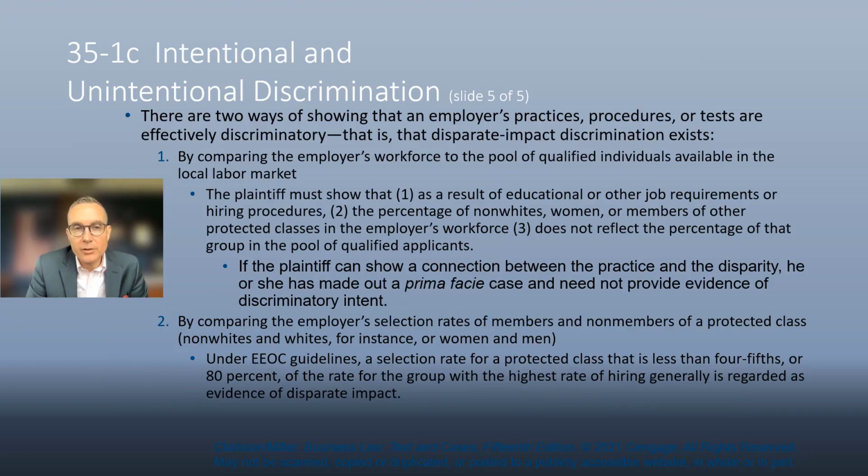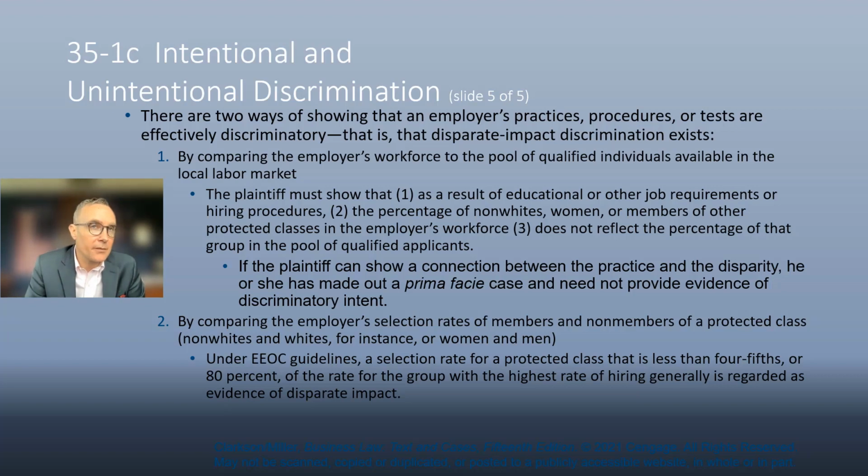So for this unintentional discrimination, there are essentially two ways of proving this up in court. That is by showing the employer's practices, procedures, or tests are somehow unintentionally having a discriminatory impact. That is, a disparate impact discrimination exists. The first is by comparing the actual workforce of a particular employer to the pool of qualified applicants in the local labor market.